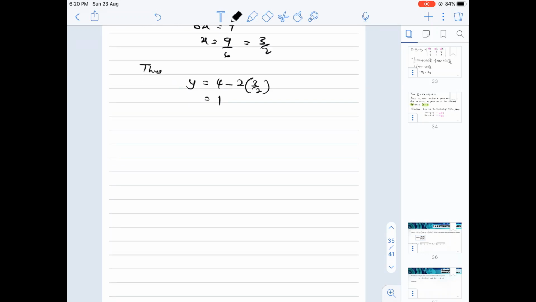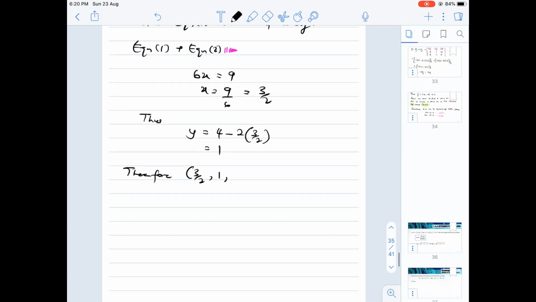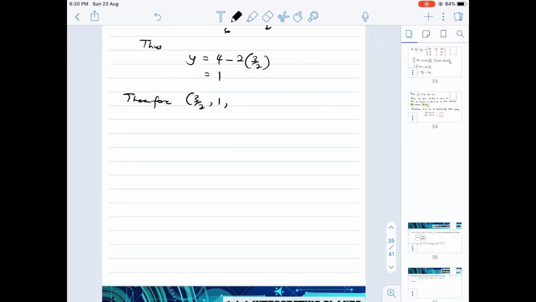So therefore we have x equals 3 over 2, y equals 1, and z just now is 0, right? So z equals 0 is actually a point that lies on the line L.